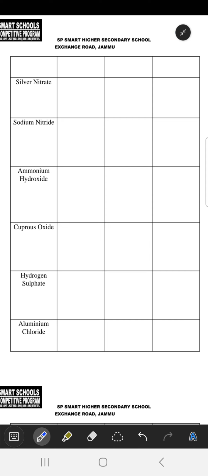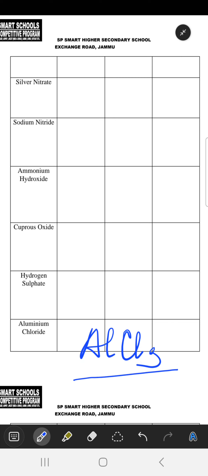Next we have aluminium chloride. For the aluminium we have Al3 positive, and for the chloride we have Cl negative. Combining these two, what we get is AlCl3, which is called aluminium chloride.